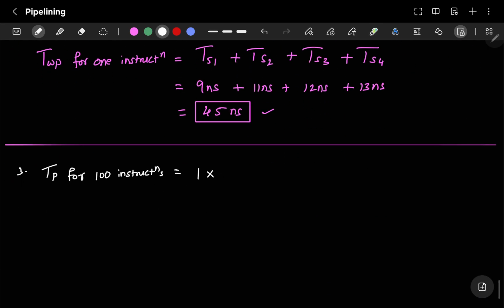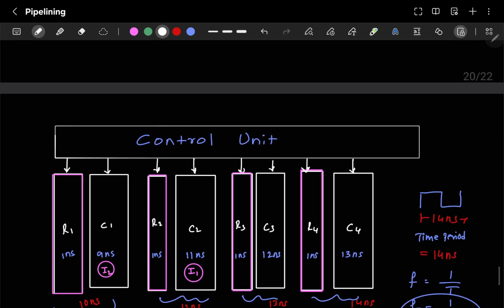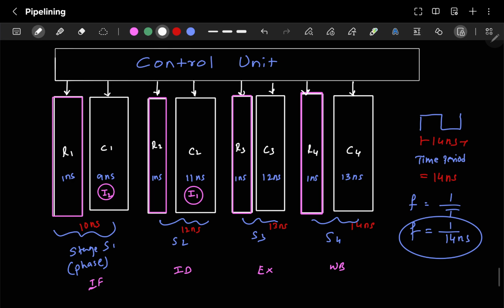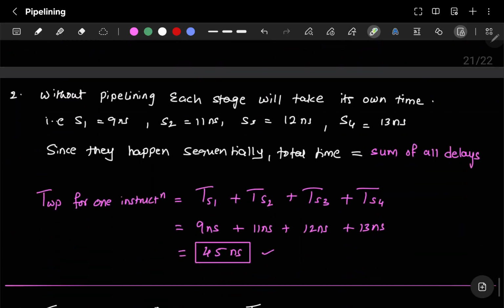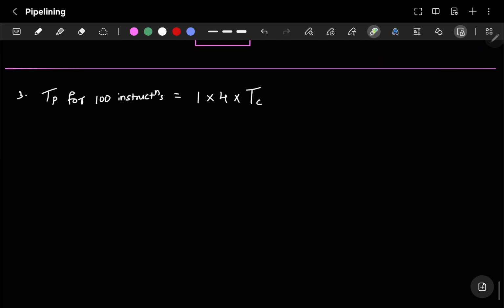And each phase has some time. I don't know what the time is, so I will consider it as TC. You can see each stage will have some time, right? I'm putting it as TC. Okay, I will calculate that part, don't worry.